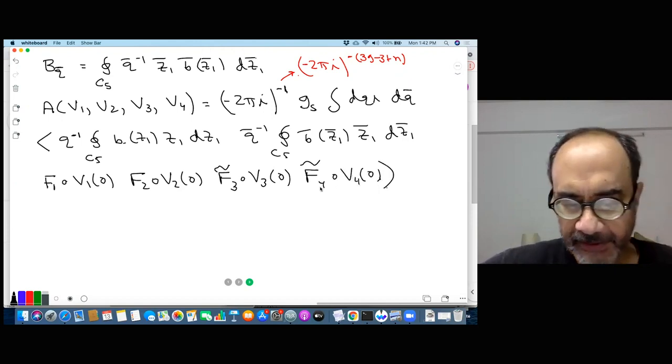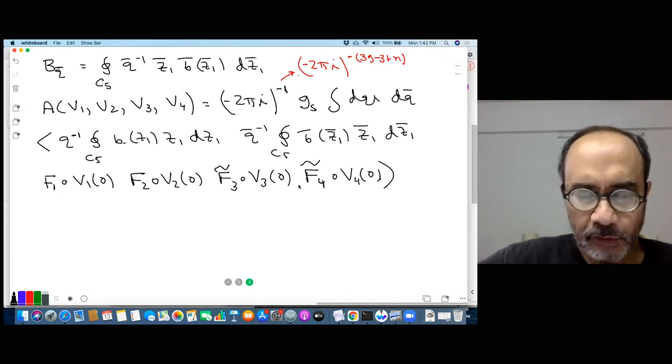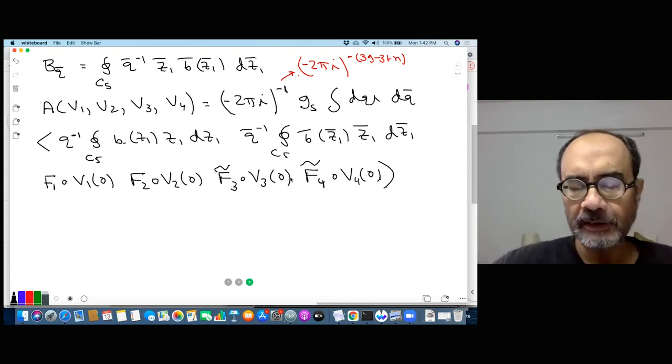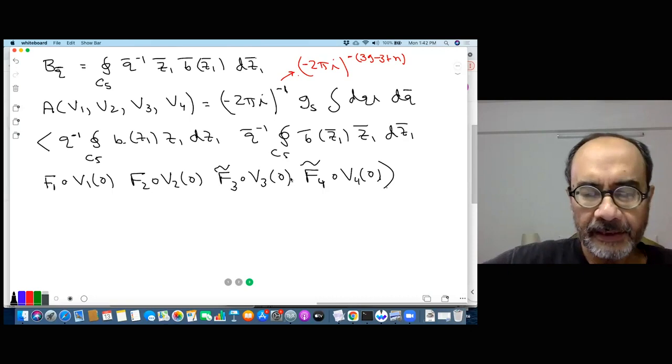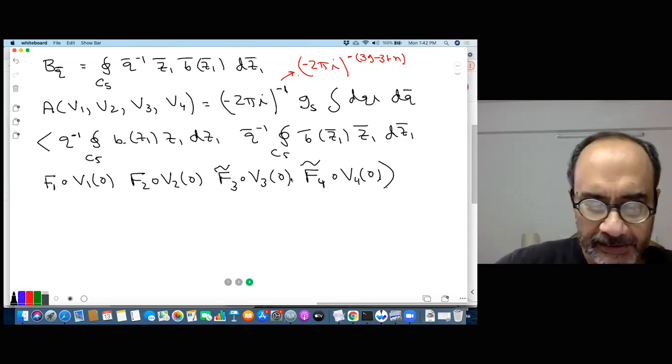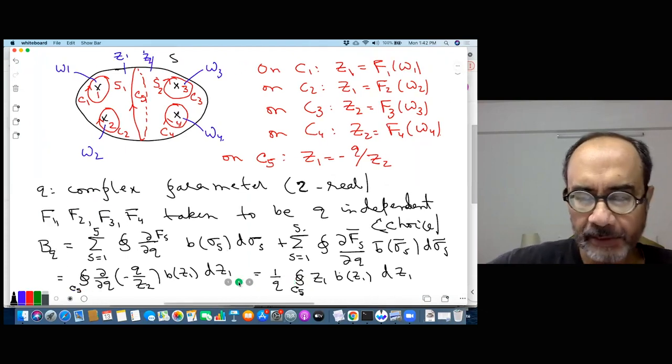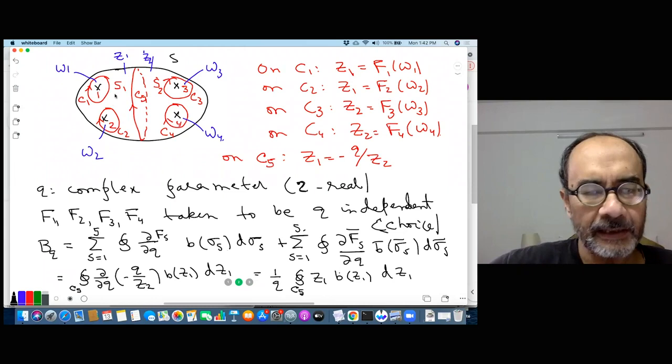So what I have done here is the following. Once you have put this coordinate system, we can use the relation that I have chosen, z1 equal to minus q over z2, to think of z1 as the coordinate system on the entire sphere. It's not necessary, it's just a choice.